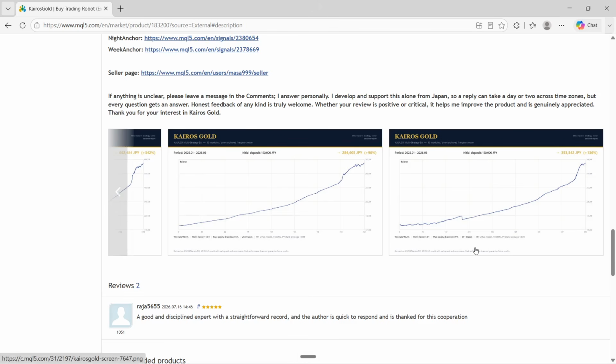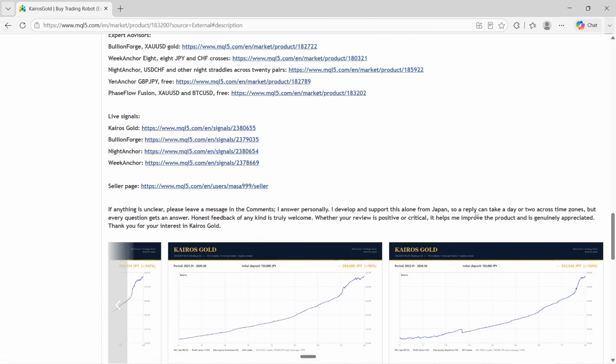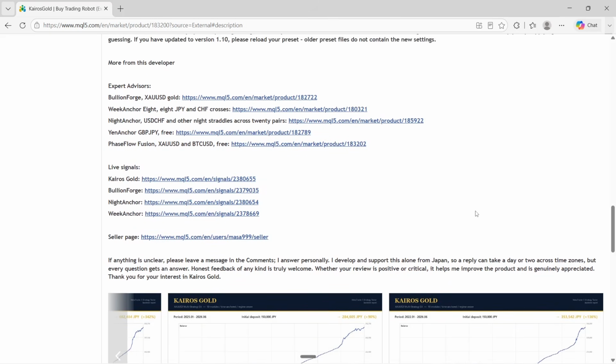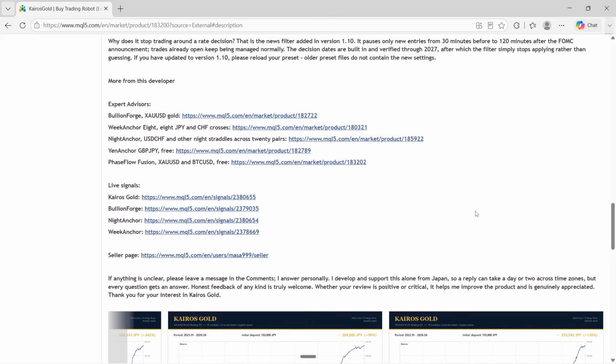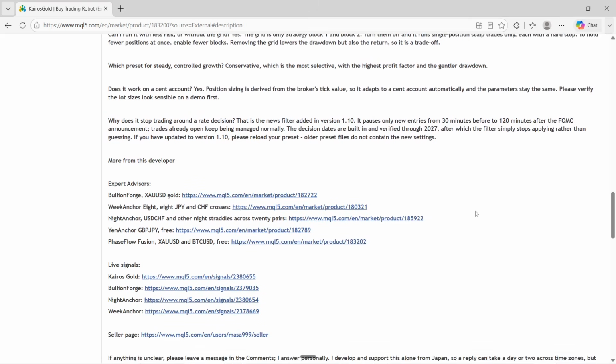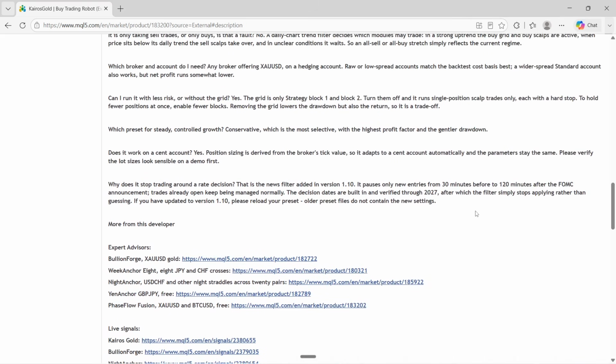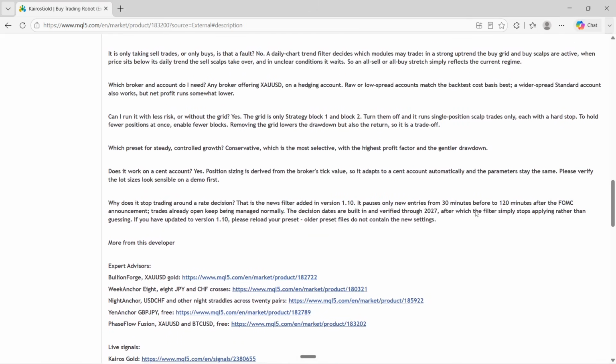Still, any grid component introduces path-dependent risks that can expand during sharp gold reversals. Honestly, the features that matter most are the choice of presets. Conservative is more selective, whether the grid modules are enabled, the equity stop percentage, and continuous VPS operation. The live signal provides useful real-world context.